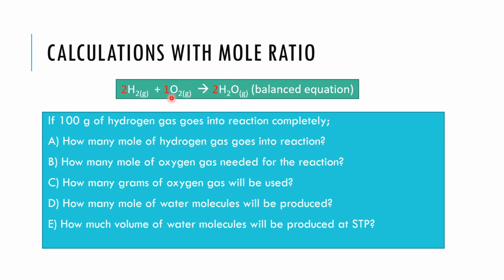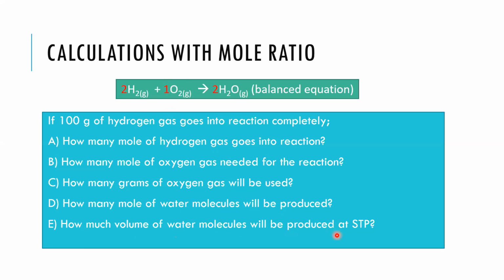Then from that, how many grams of oxygen will be used? The moles of oxygen needed should be converted into mass, and then we can use the mole ratio between H2 and H2O again to find how many moles of water will be produced, and how much volume of water molecules will be produced at STP.